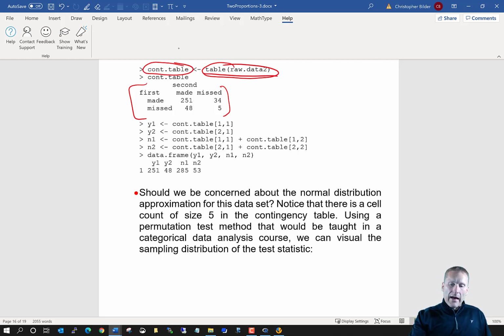And then I can pull out what Y1 would be by the 1,1 element. In other words, row 1, column 1. So the first number is always the row. The second number is always the column. We've seen this before with actual data frames. You can do a similar thing for Y2, N1, and N2 as well.